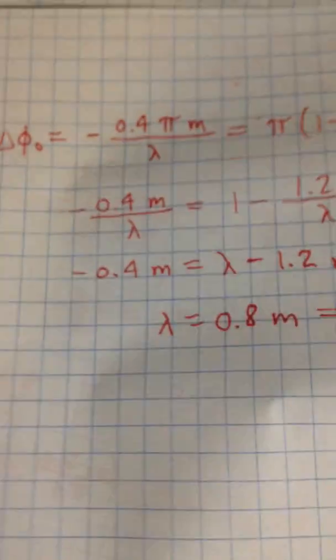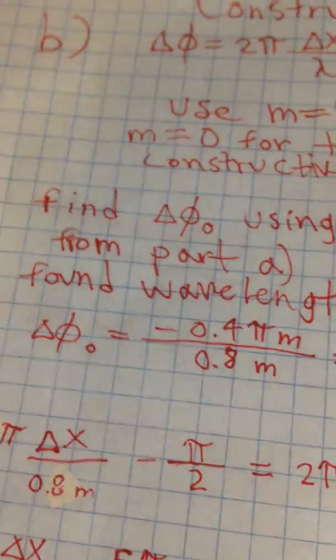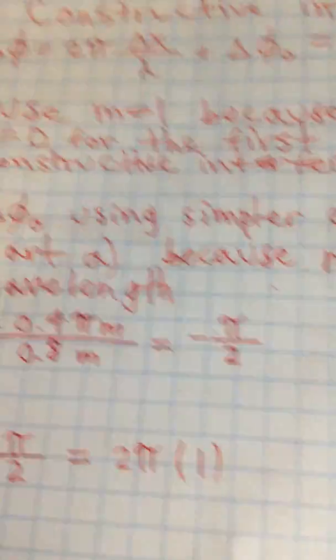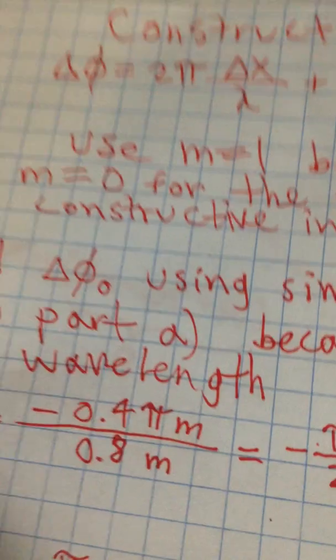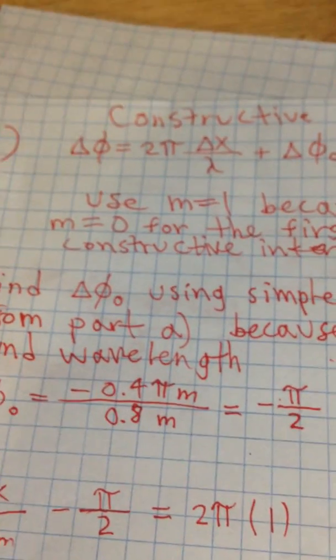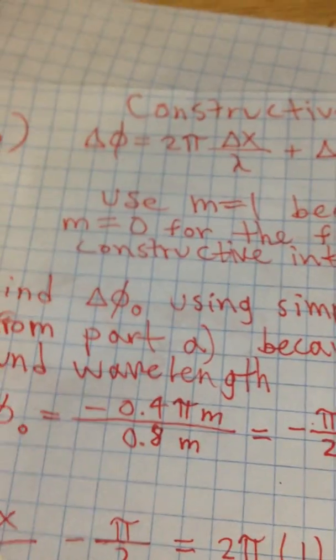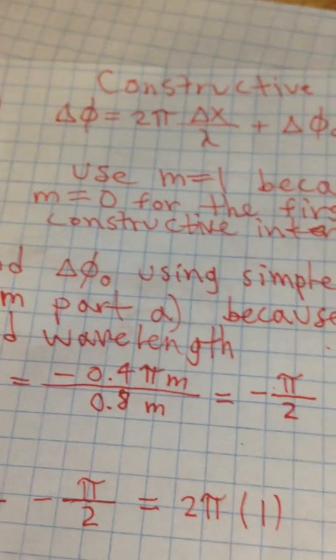Okay, and the next part of the question asks us not what the wavelength is, but if they continued moving past the 60 centimeters, then when would they interfere at a maximum again, which is going to be a wavelength separation, actually.